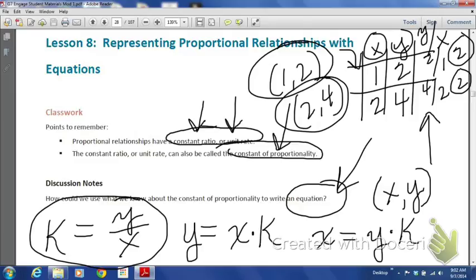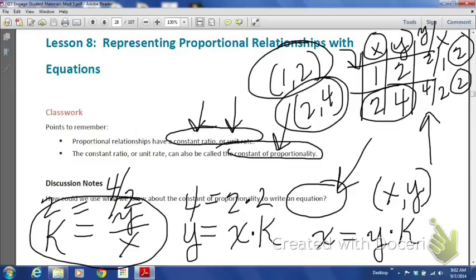If we plug these numbers in, 4 equals 2 times 2, and that works. And 2 equals 4 divided by 2, that works. But if we had 2 equals 4 times 2, that doesn't work, does it?